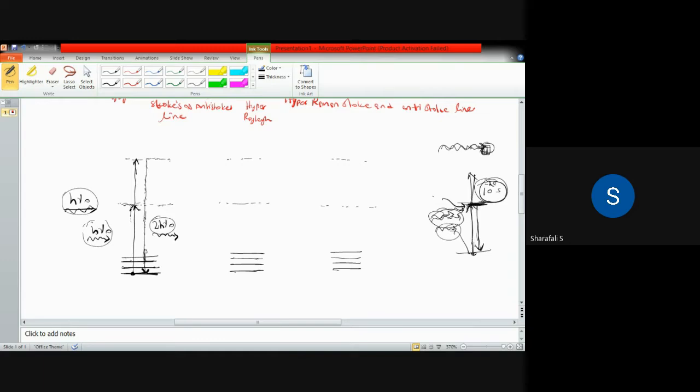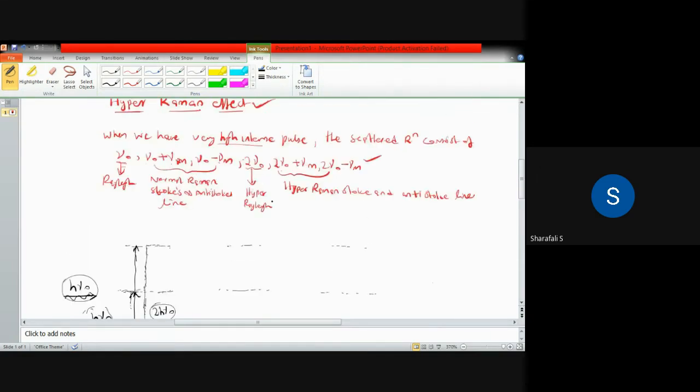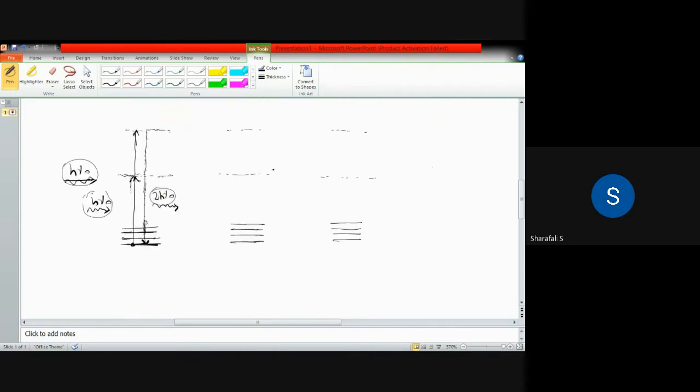So that will give you this second excitation. Otherwise, if you are using a low intensity pulse, then this phenomenon will not occur. So this 2 nu 0 can be observed when the intensity of the pulse is large enough, and this particular frequency we call hyper Rayleigh scattering, or hyper Rayleigh.